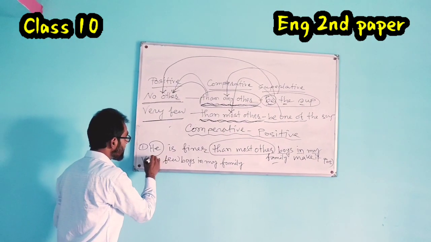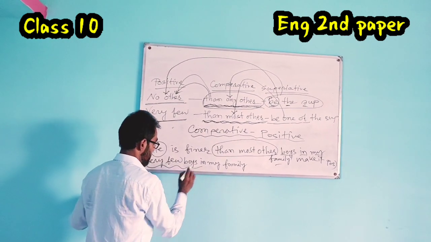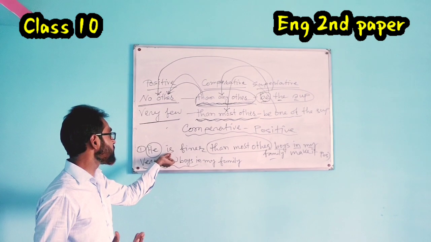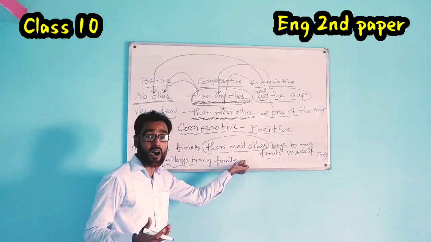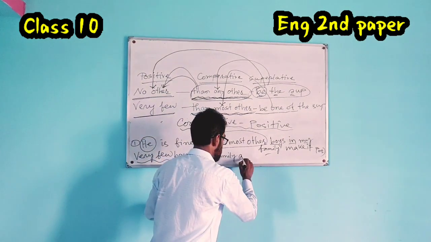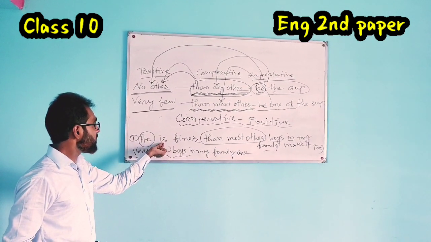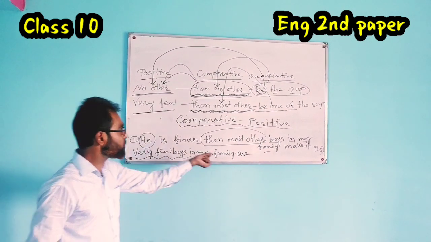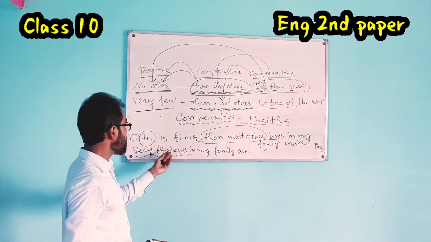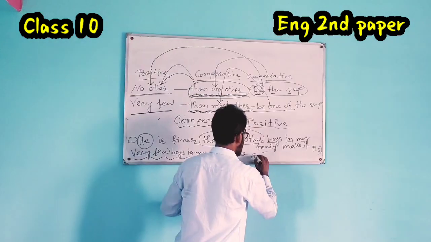Here he is third person singular, but very few boys is third person plural. So we are not allowed to use is as verb. We have to use here are. If there was, we would use were. Very few boys in my family are so, from the rules.